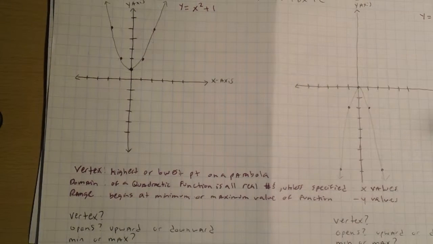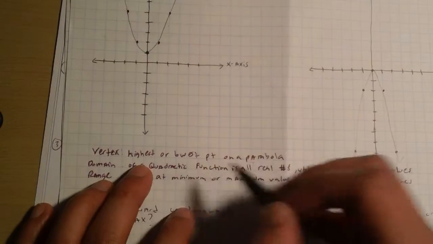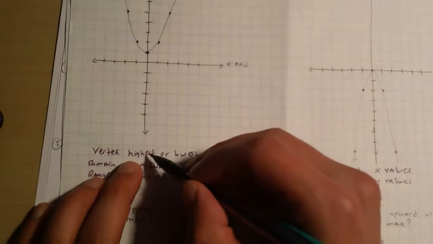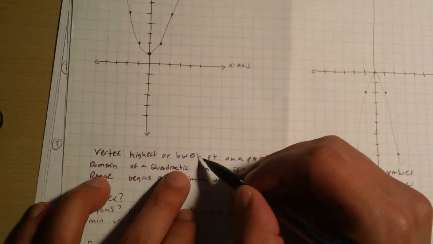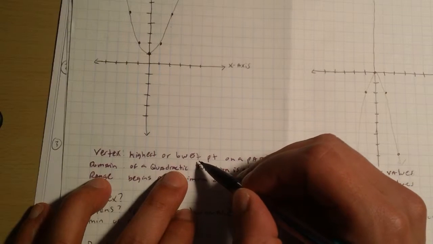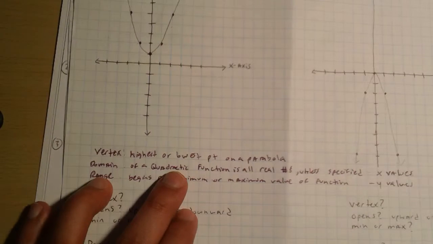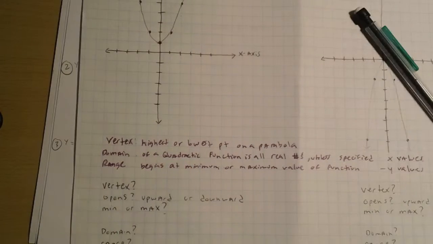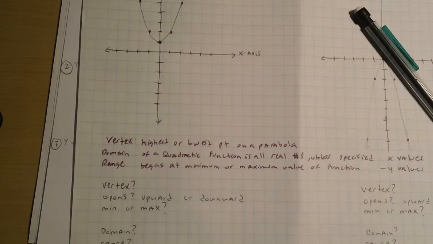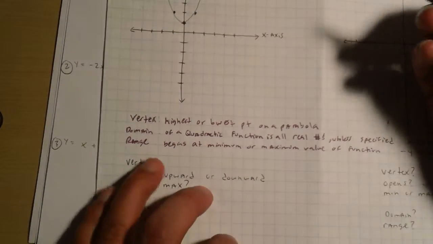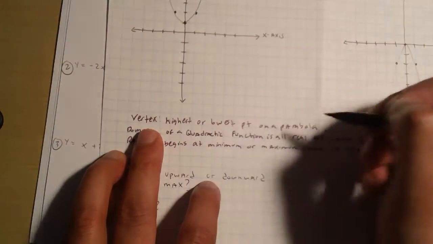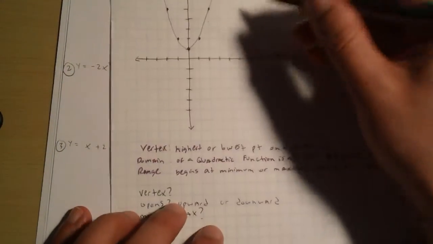Okay. Now, the vertex is the highest or lowest point of a parabola. The highest will be considered a maximum. Lowest will be considered a minimum. So we're going to find our vertex for the first one.